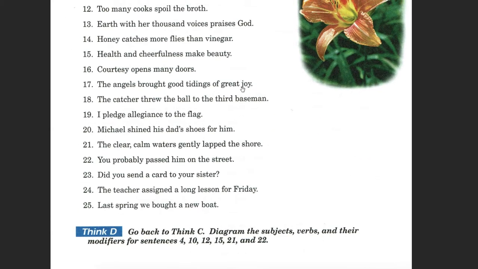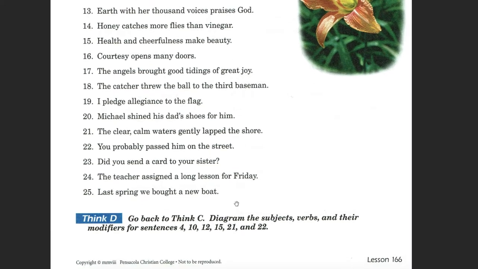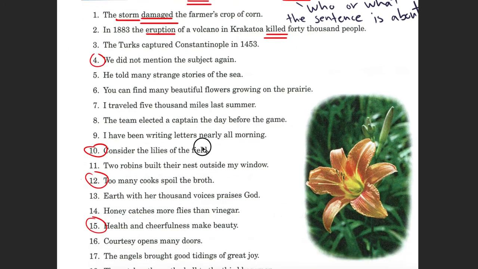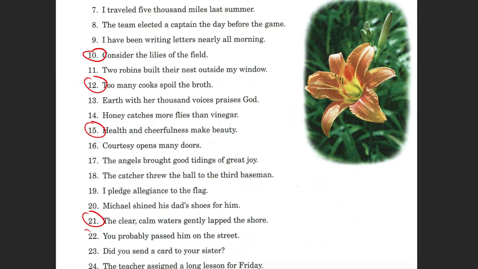Think D, go back to Think C, diagram the subjects, verbs, and their modifiers for sentences 4, 10, 12, 15, 21, 22. Wow. So make sure you are doing these.